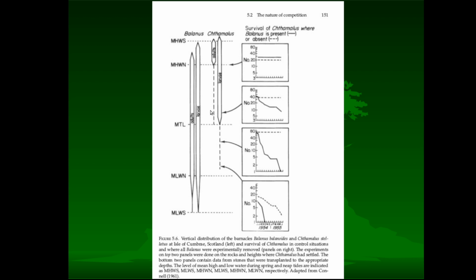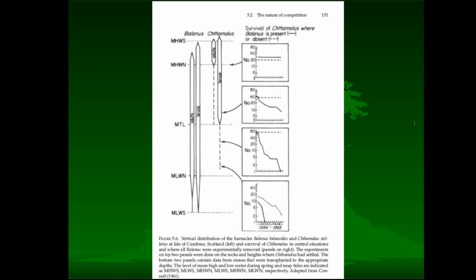Go down in this region where there's a larval overlap, and there's a big difference between areas where the Balanus was removed and where it was not removed. And down here, both decreased, regardless of whether they were removed or not.